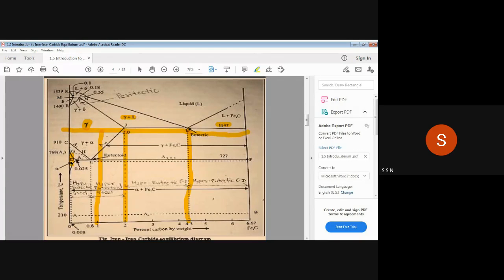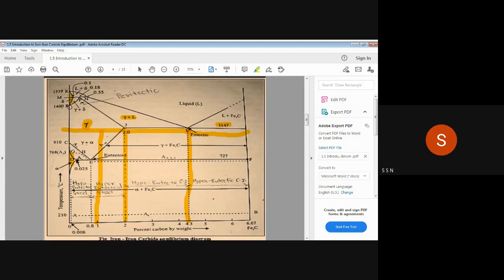But if it is an alloy, that means a composition of iron and carbon with some amount of carbon, up to 0.025% of carbon at this temperature, you will get this alpha ferrite. Similarly, one more phase is there, that is delta.